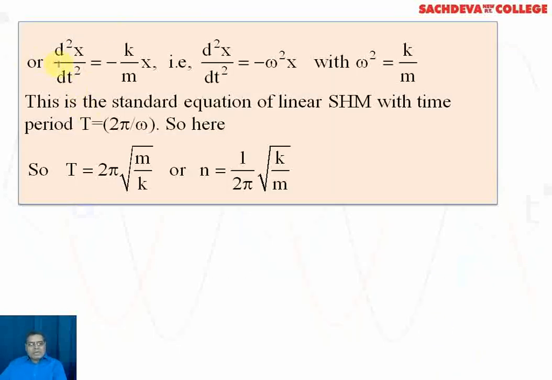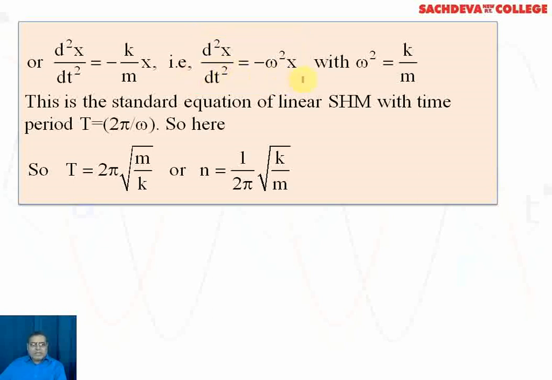Now, we will calculate the acceleration, that is d square x over dt square, and that will become minus k over m into x, where x is the displacement and m is the mass of the oscillator, or we can say m is the inertia factor. Then its unit will obviously be kilograms. Now we can write d square x over dt square as minus omega square x.